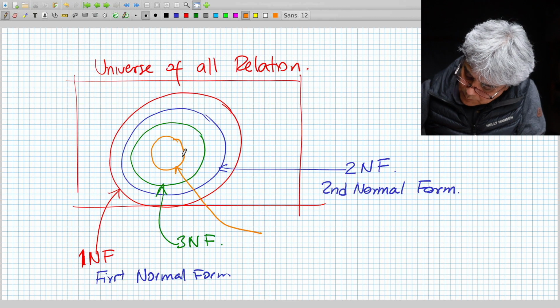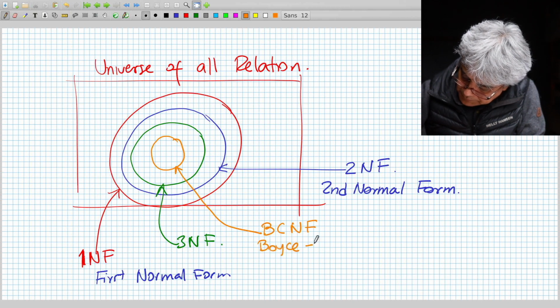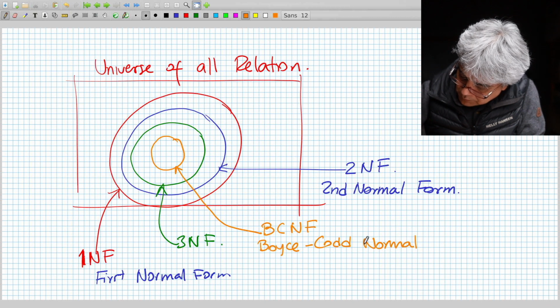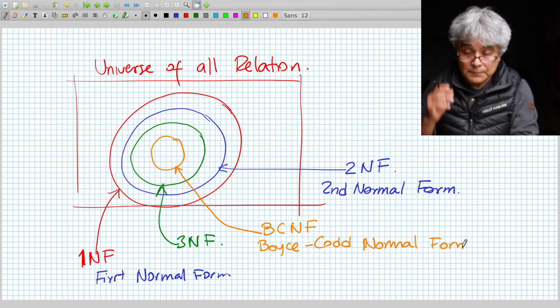So this new set, we are going to call it BCNF. Boyce-Codd normal form.